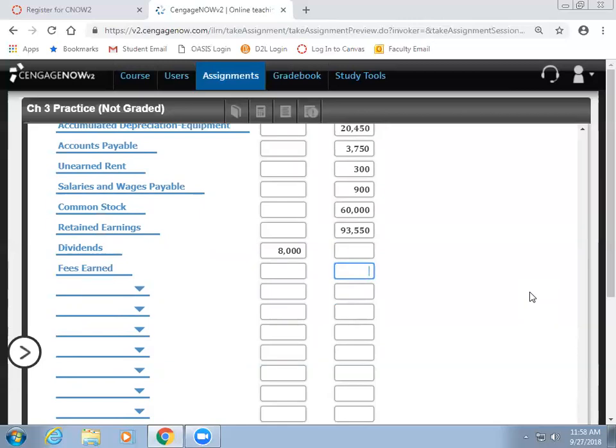Because the other revenue was in our rent revenue. So fees earned is 168,800.